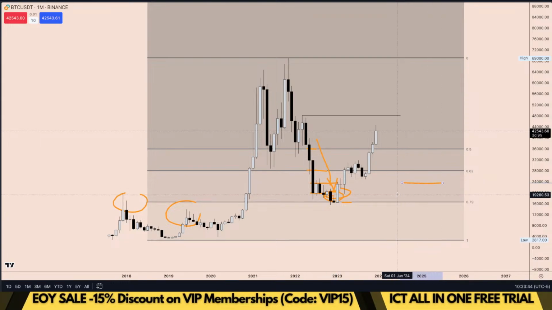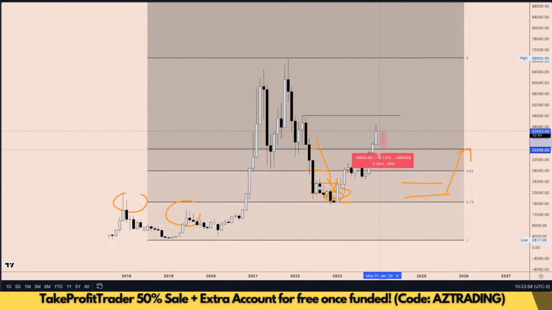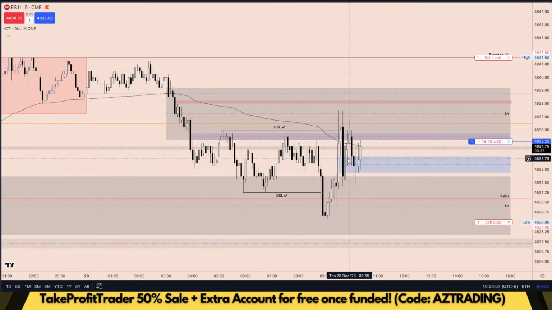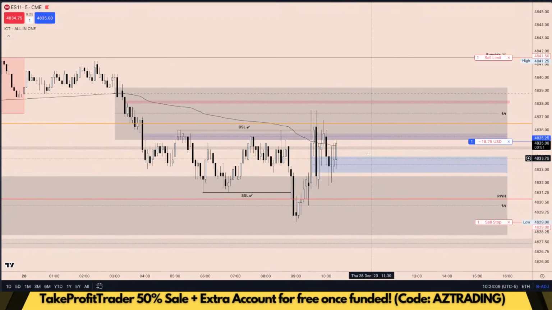I like to buy accumulations and not chase and jump into something when it's already running away from me, because that offers too much risk to the downside. From where we're at right now to this old high, that's 25% that could potentially be avoided by simply waiting for the pullback. That's just my opinion.